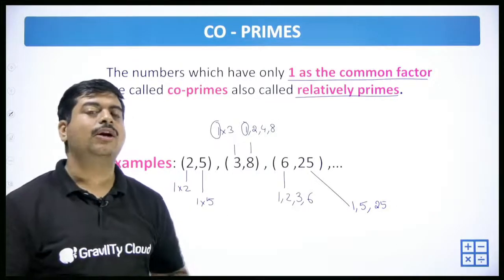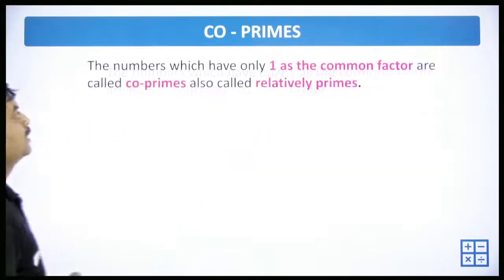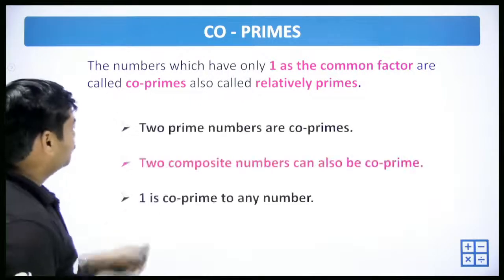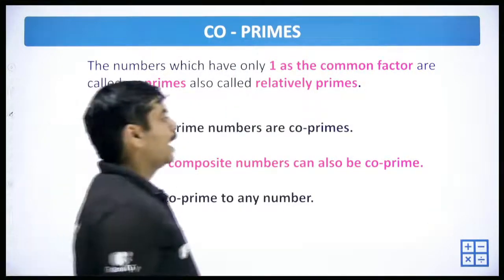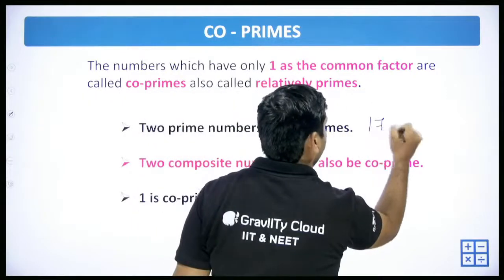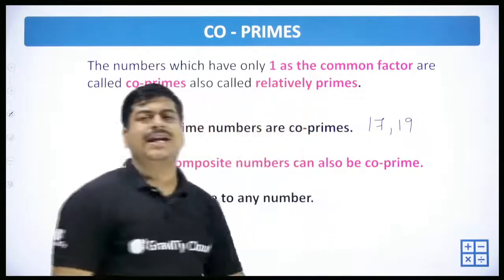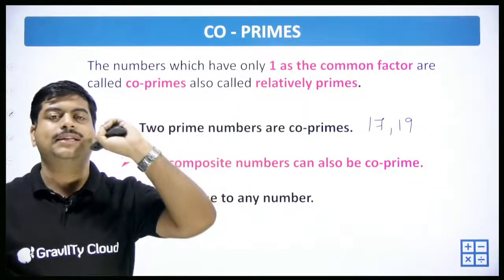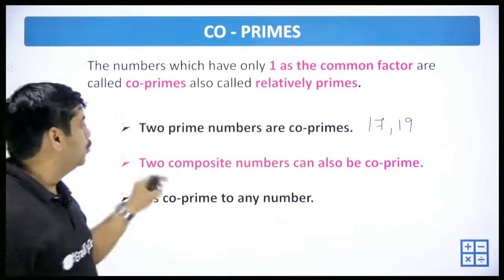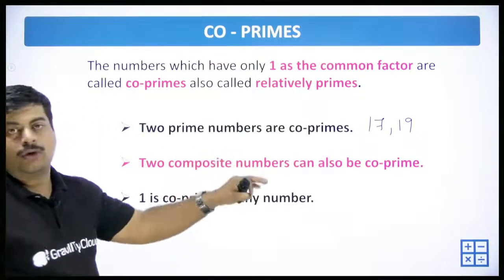So let's try to understand more about that. 2 prime numbers are co-primes. Take any 2 prime numbers, 17 and 19. They don't have any other common factor except 1. So any 2 prime numbers are always co-prime numbers. 2 composite numbers can also be co-prime.